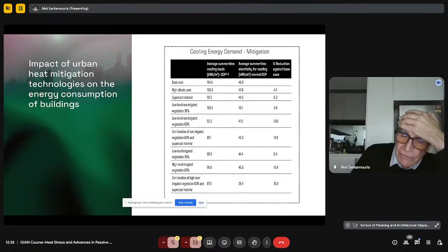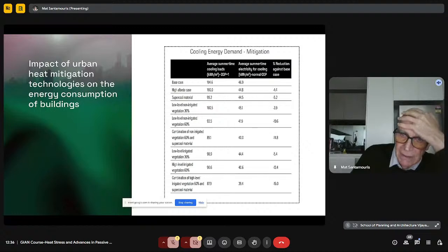On the contrary, by using just conventional cool materials, the expected decrease of the energy is close to 5%, just the supercool materials 5%, low-level non-irrigated greenery 3.9%, and this is because of the night temperature.